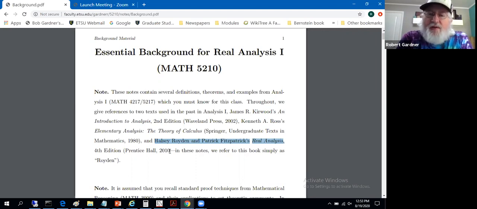We'll stick pretty close to Royden. I shall refer to this book simply as Royden throughout the class. Excellent book. I know my way around some of the analysis books, and I think Royden and Fitzpatrick is the best. And the fourth edition is even better than the earlier editions. I took my graduate level real analysis sequence out of the second edition of Royden. Fitzpatrick comes in as a co-author on this fourth edition, by the way.